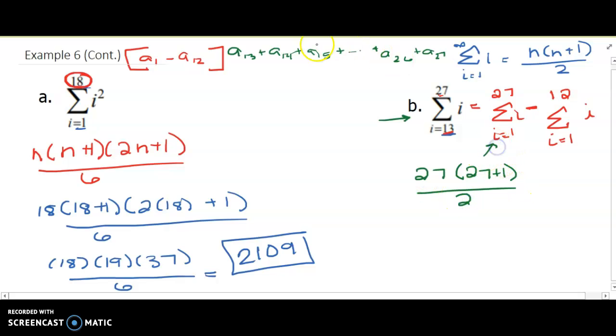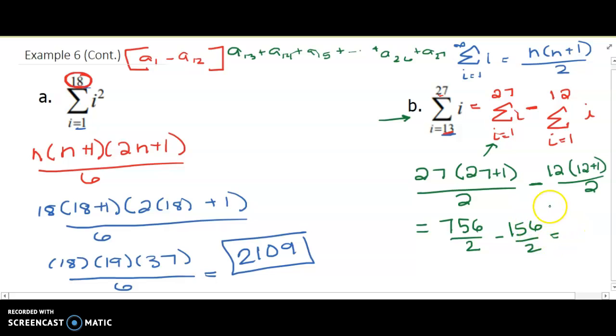That'd be this here. And then minus where my n is 12, so minus 12 times 12 plus 1 over 2. I get 756 over 2 minus 156 over 2, which is equal to 600 over 2, which is just 300.